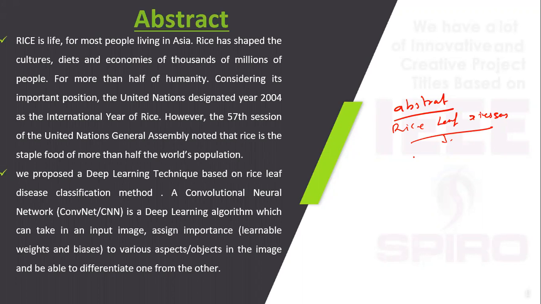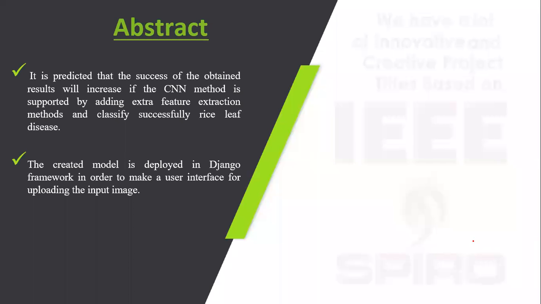So in our model, we take a rice disease leaf dataset and then train a deep learning model. After training the deep learning model, we save an HDF file.